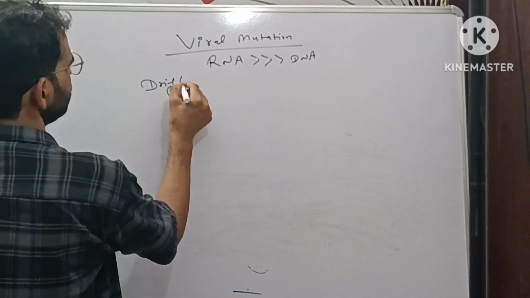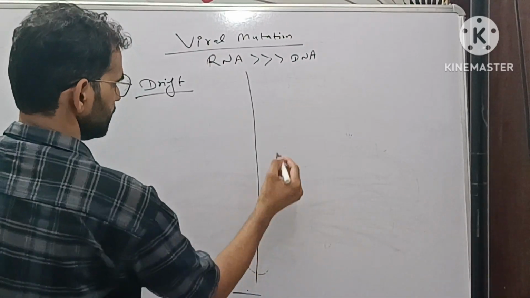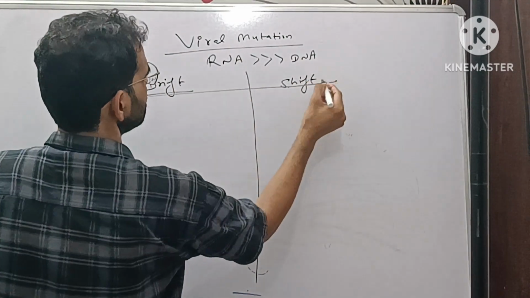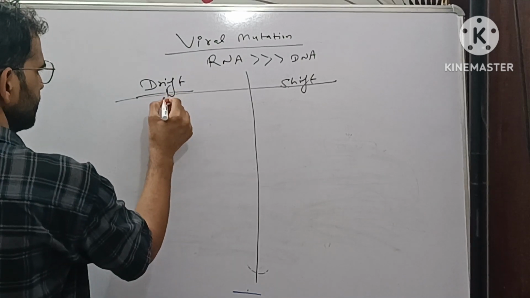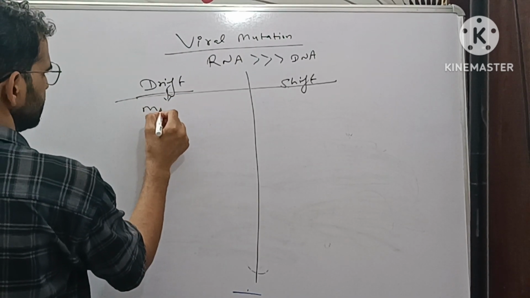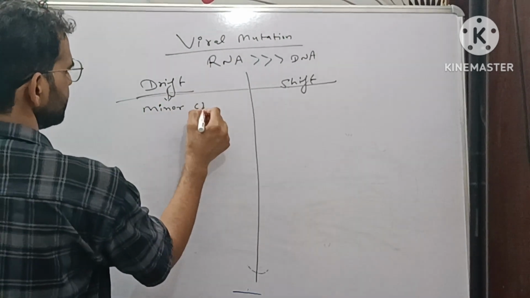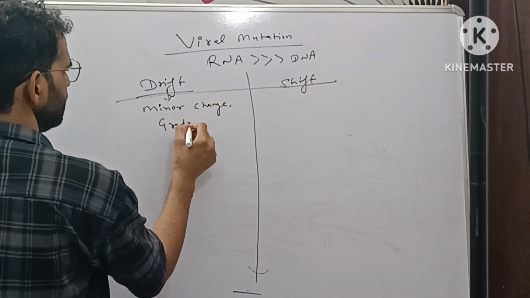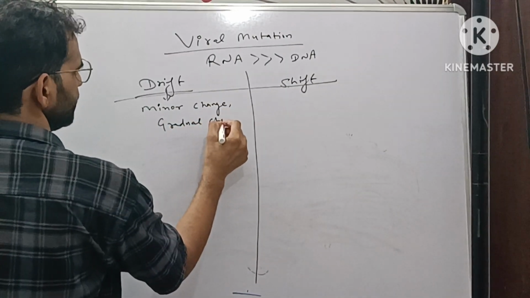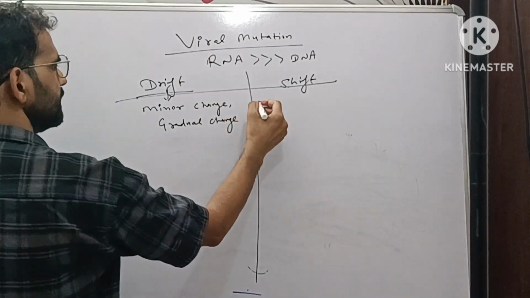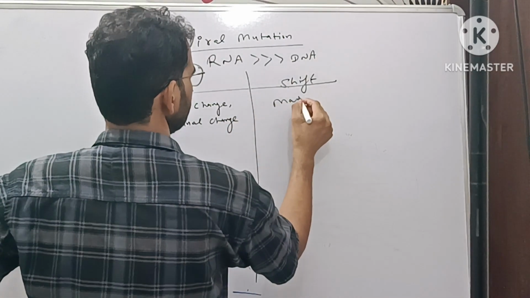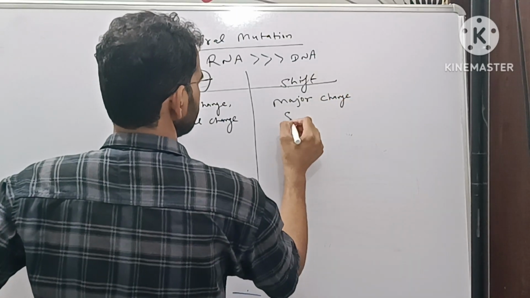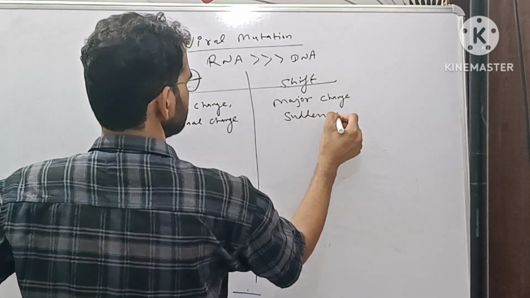So, drift versus shift. In case of drift, it is a minor change and a gradual change, whereas shift is a major change and a sudden change.